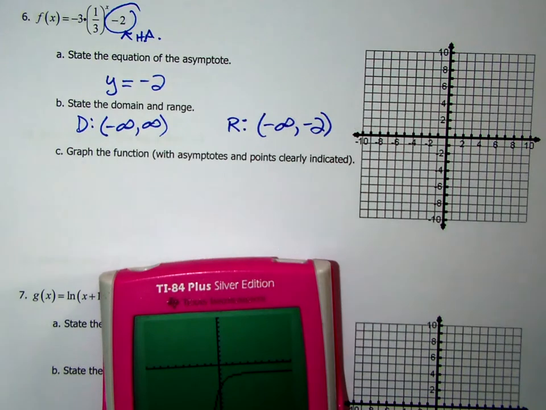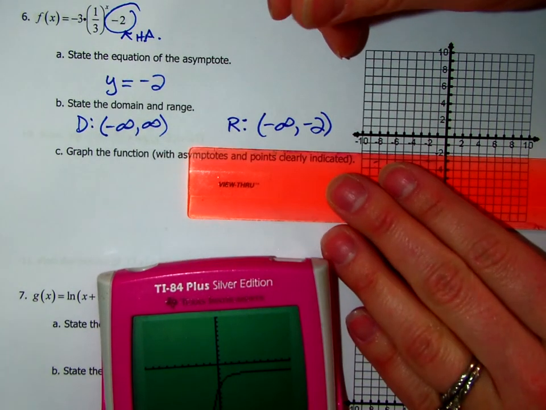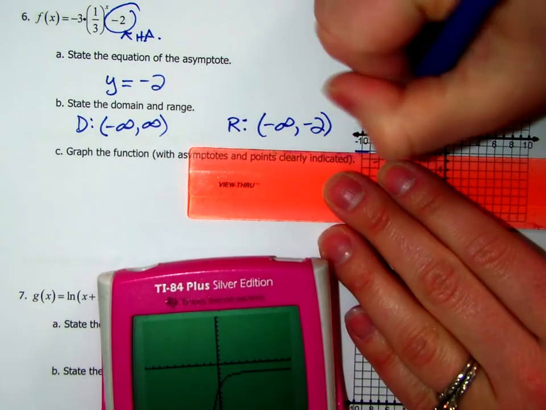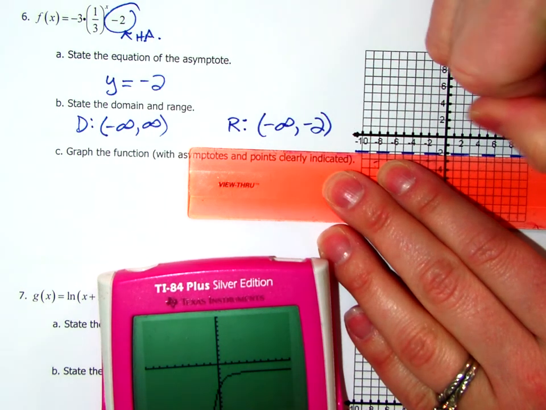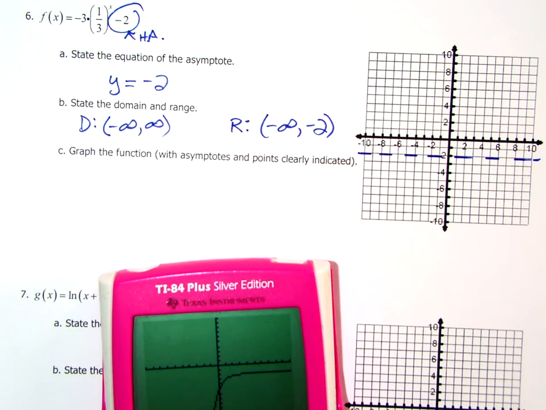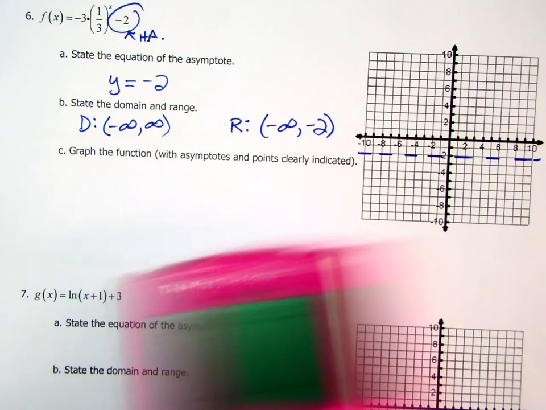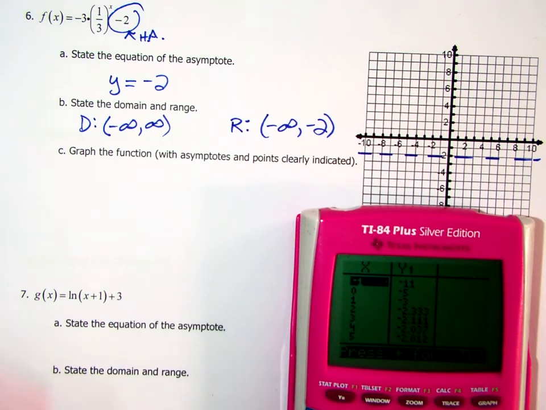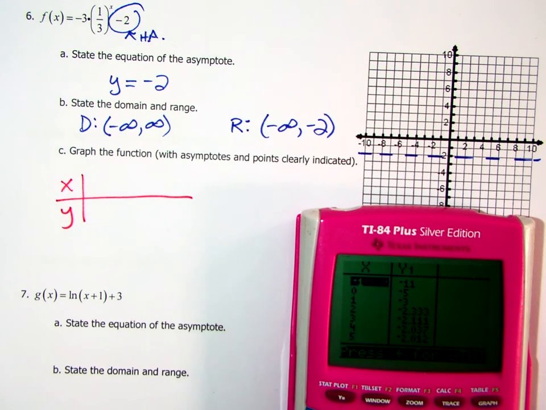And then I'm going to also at this time put in that horizontal asymptote that was confirmed by the look of the graph on the graphing calculator. All right, so now we can go ahead and create our table and use that to graph. Remember that you need to show me your table on the quiz or the test to get full credit.